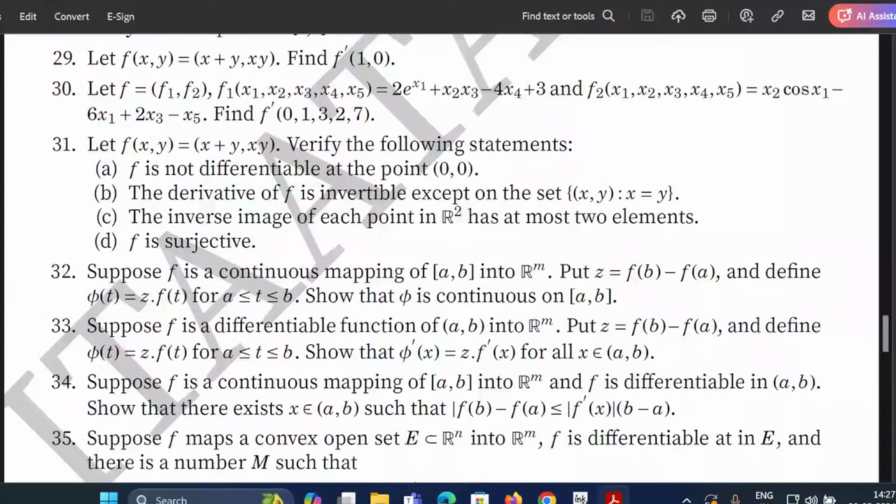Okay, let me write down the question first. What is given? f is a function from [a, b] into Rn and it is a differentiable function on the open interval (a, b).